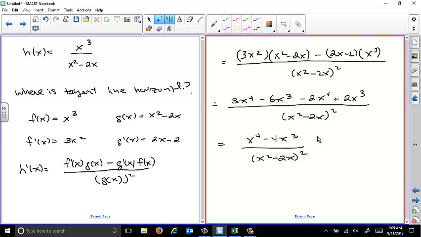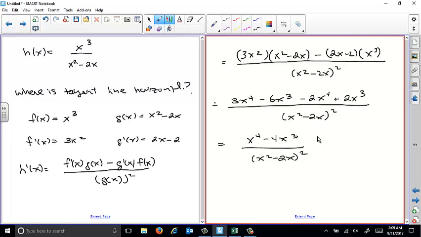What the denominator is telling us is that we have a vertical asymptote at the same value of x that the original function was at. Because you've got x squared minus 2x, and you've got x squared minus 2x. So these quantities are going to be 0 at the same point. So the derivative function also has a vertical asymptote at the same place. So the function is undefined at the same place, and the derivative is undefined at the same place.